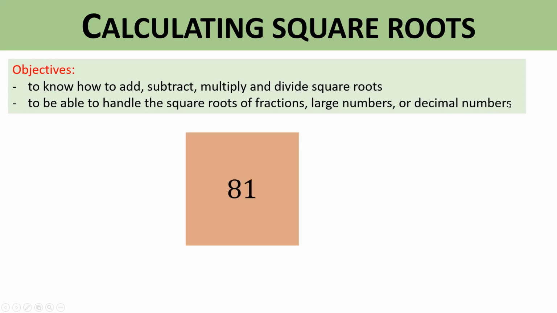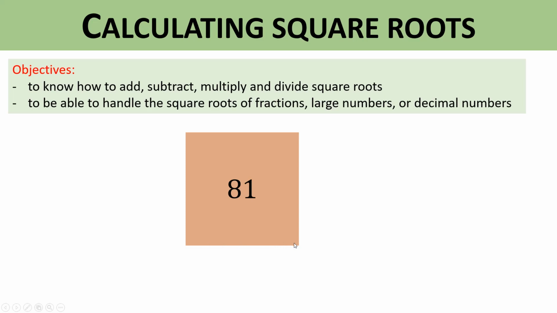As you know, taking the square root of a number basically means that when you know the area of a square, you try to find out the side. So for example, if we take the number 81, if we look at 81 as the area of a square, then what is the side of that square going to be? Well, the side of that square has to be a number whose square is going to be 81.